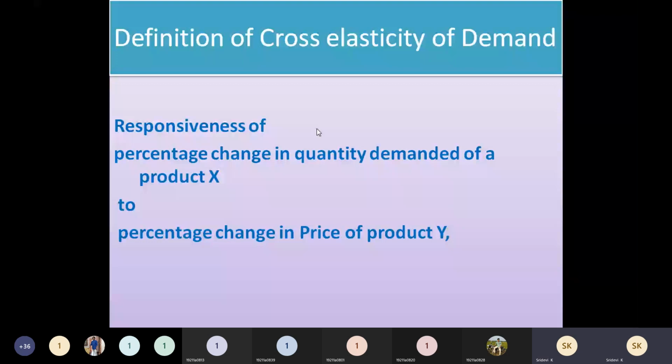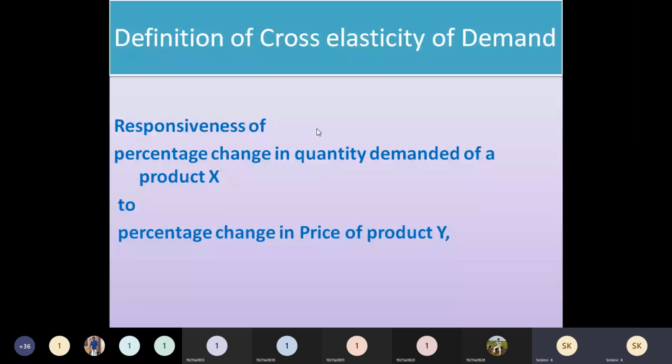Here also we are going to measure in two ways: one is mathematical measurement and the other is graphical measurement. Before showing it graphically, let us see what the types are.